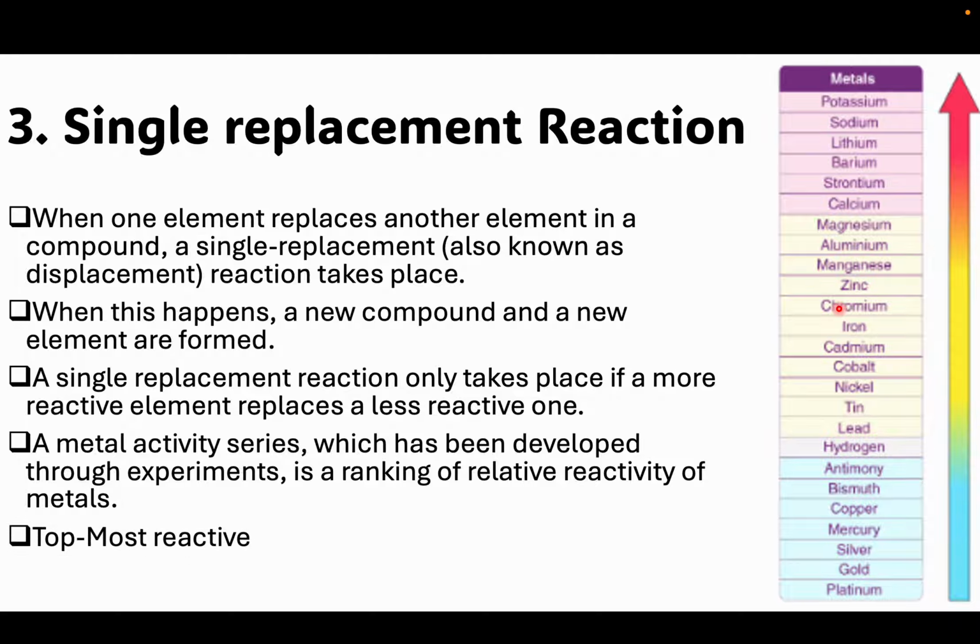The topmost is the most reactive, so on our list right here, potassium is the most reactive, and the bottom is the least reactive. Take note, again, a single replacement reaction only takes place if a more reactive element replaces a less reactive one.